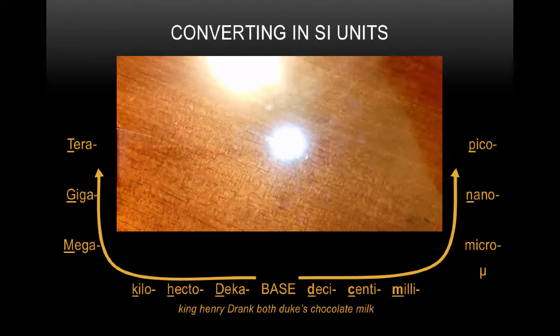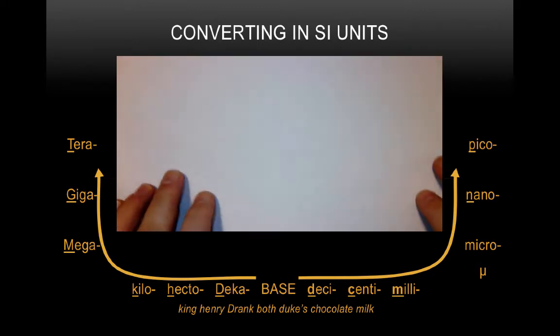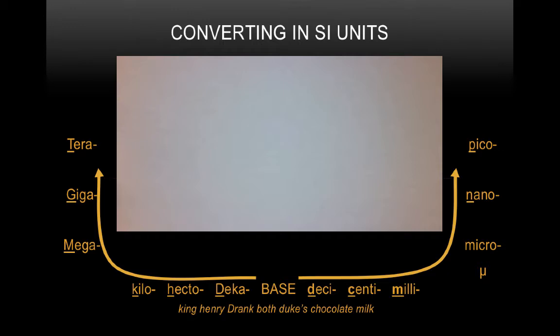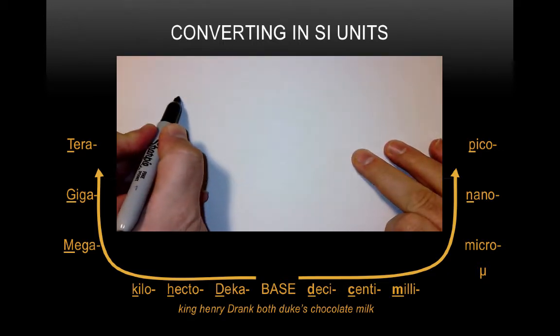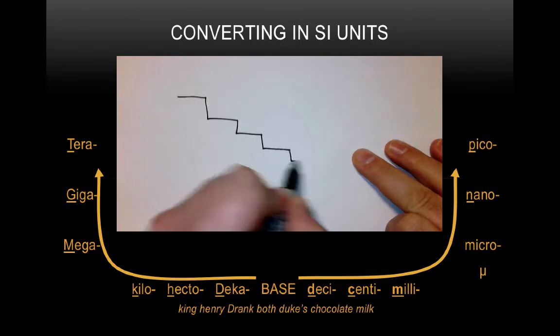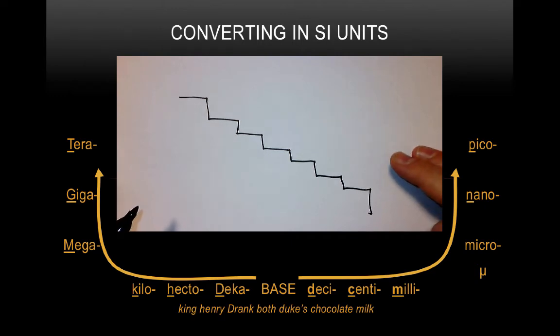The way this was normally taught was with something called the metric stairs or the metric ladder. In younger grades I show students how to draw this, and we'd adopt some sort of catchy saying.